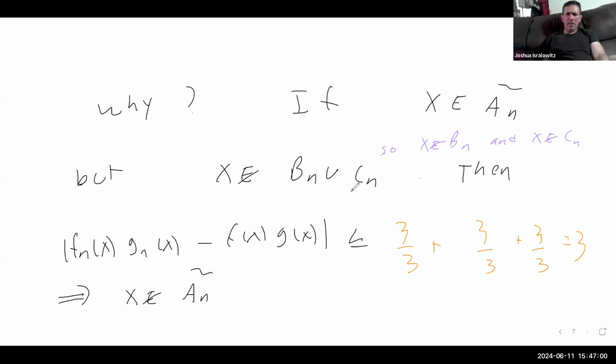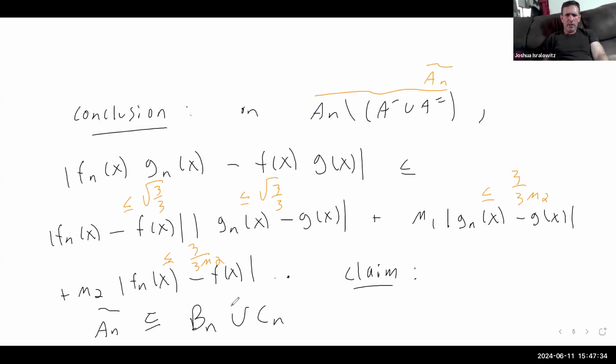Because if x is not in the union, it's not in either of them. That means F_n and G_n are small or not too big. That forces x to not be in A_n tilde because all these combined together give you less than or equal to eta. Great, so we have proved this, and that's really the key.